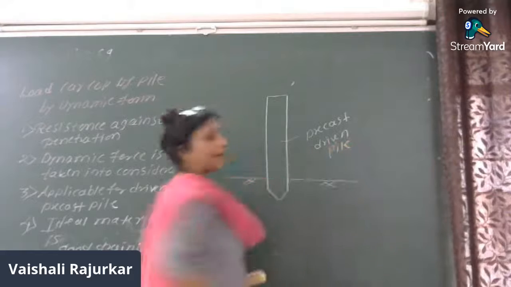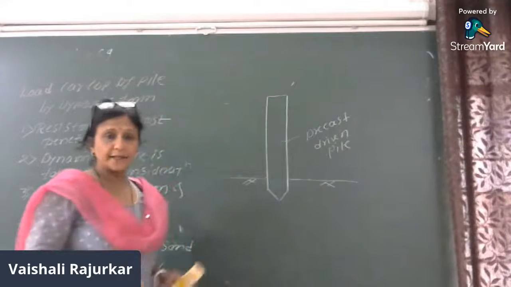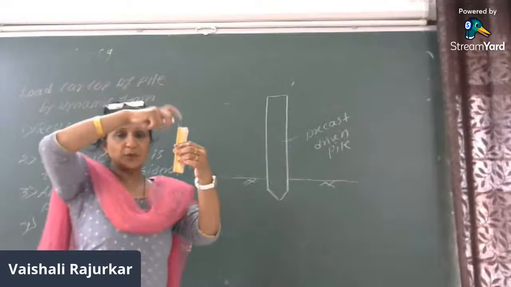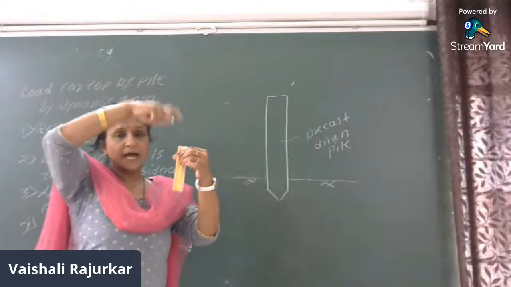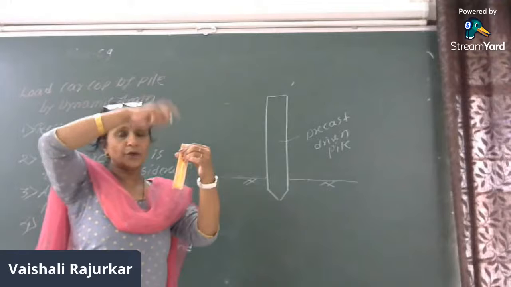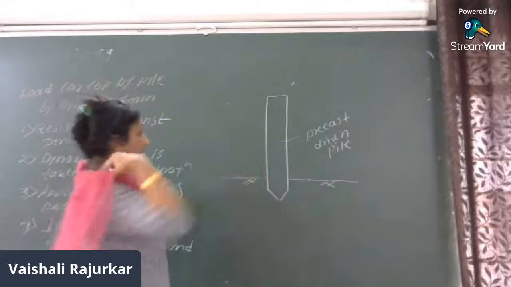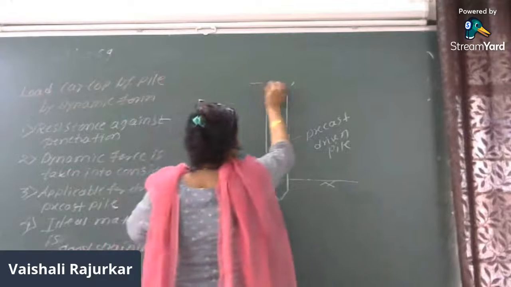Now this given pile we want to insert into the soil. So naturally, suppose this is the pile which I want to insert into the soil. So I have to apply a certain load on its top, and that is called the hammer, which is required to penetrate.